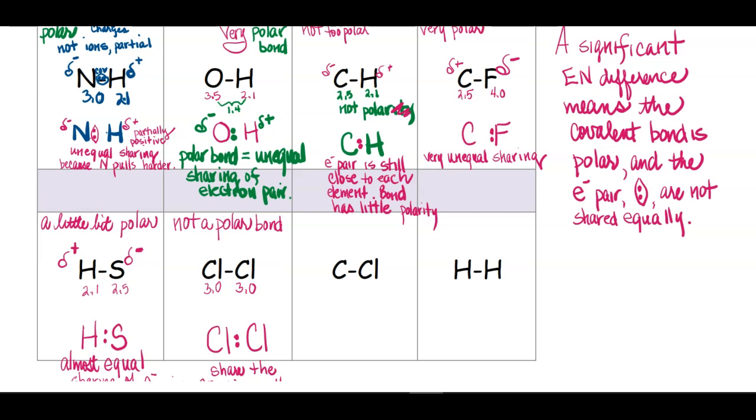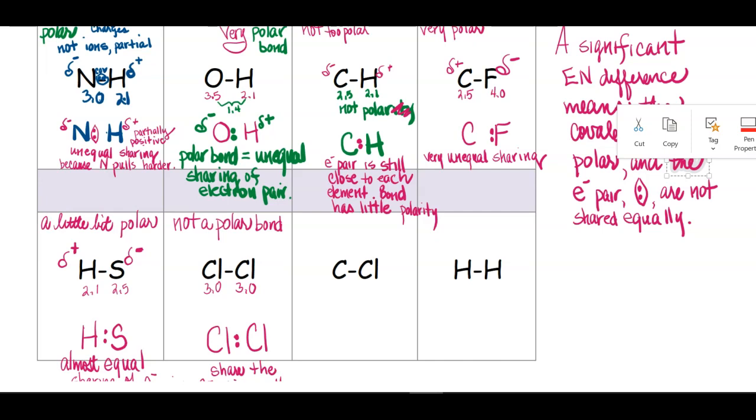All right. So we can see that one is going to be polar and one is not. All right. And so the difference in carbon and chlorine is about 0.5. All right.